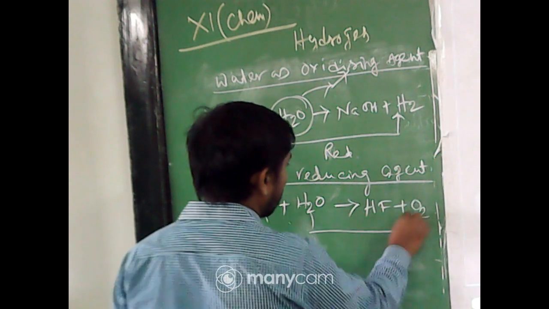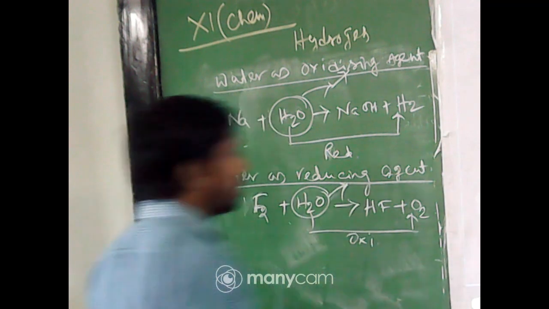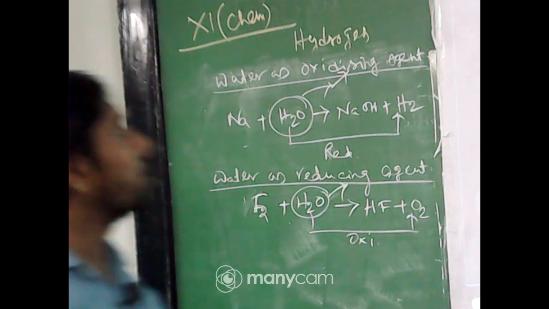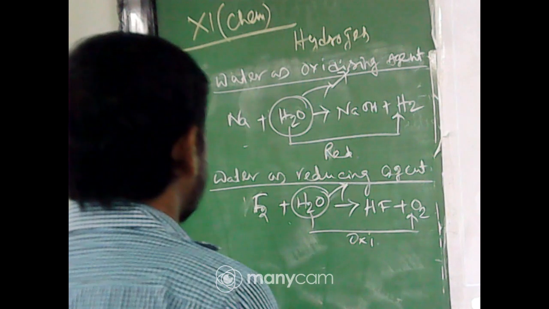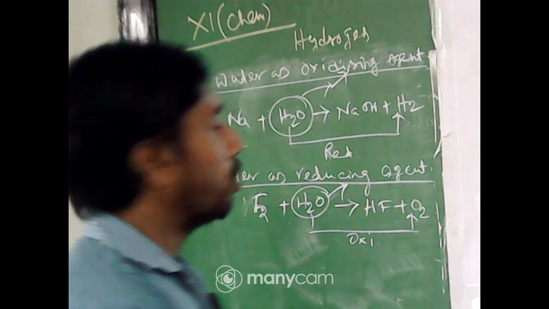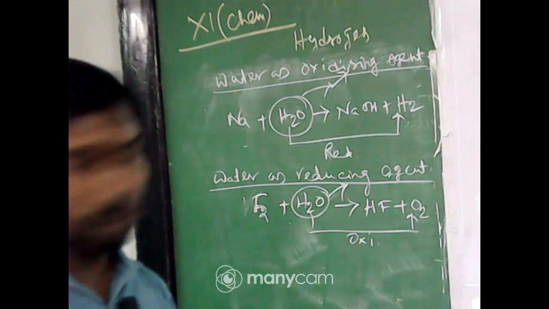Follow it, it is the oxidation, so H2O is the reducing agent. By these two examples we can tell that water can work as an oxidizing agent and also as a reducing agent.